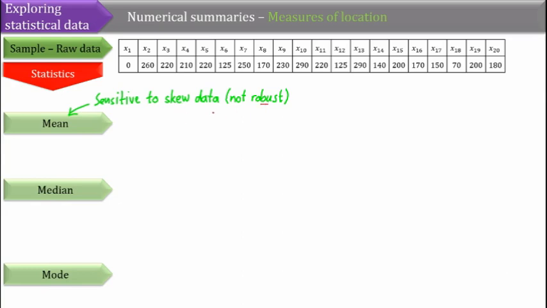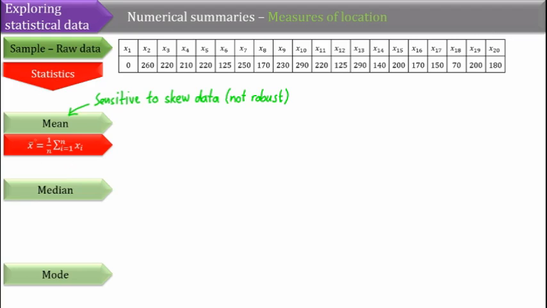Sensitive to skew data means that skew data will affect the interpretation of the mean, because the mean is supposed to give us a certain measurement that tells us something about where the data or the bulk of the data is situated. But if the data is very skewed, the mean is not a reliable measure of location. Now, the way in which we calculate the mean is just an average, an arithmetic mean, so you have encountered this before, definitely.